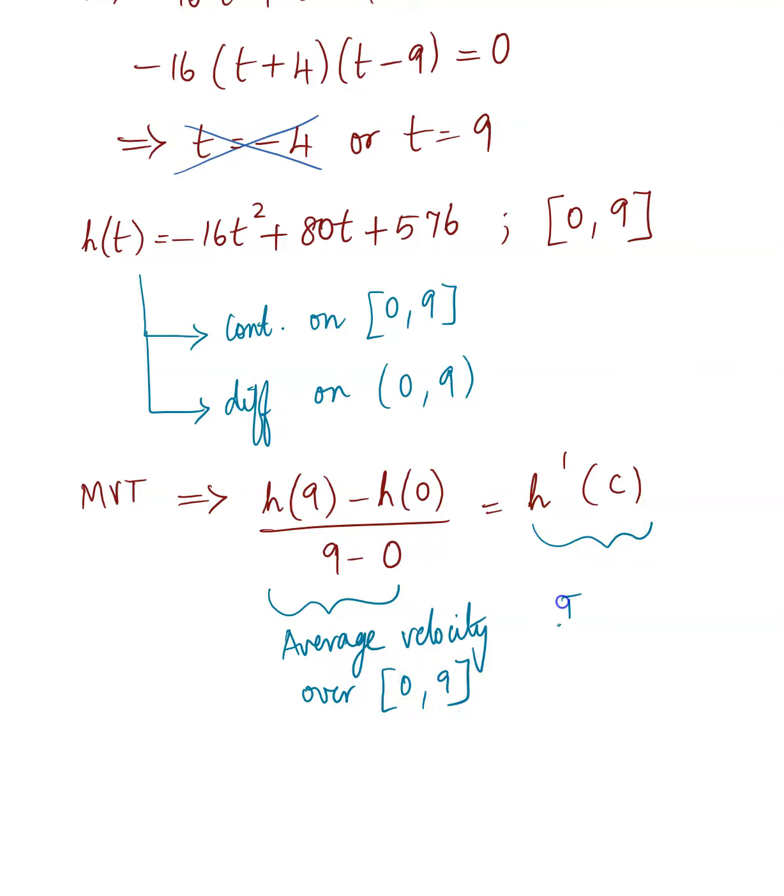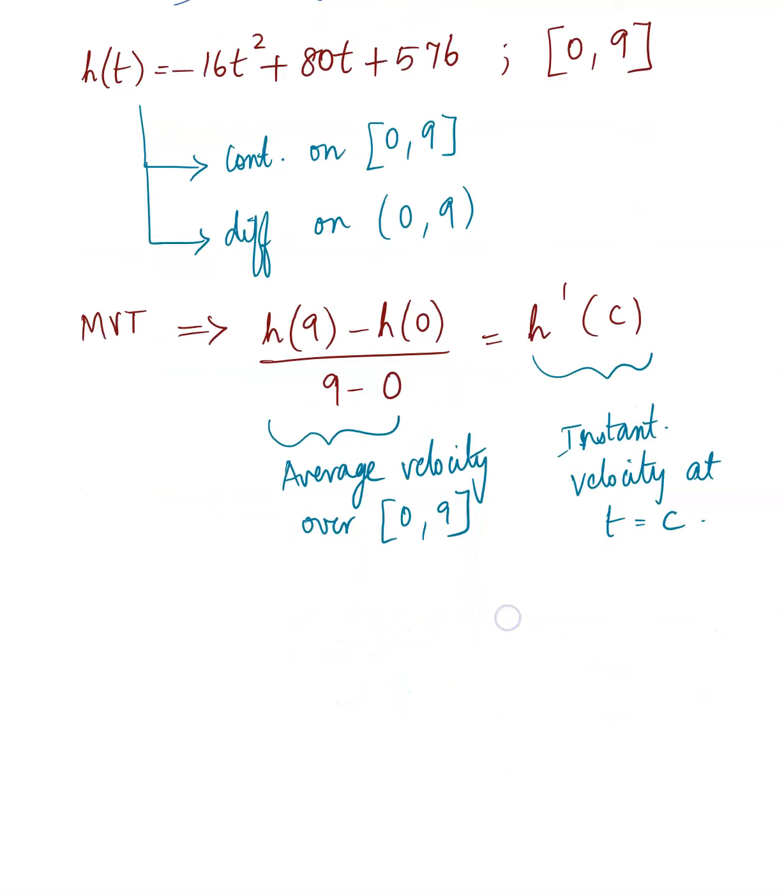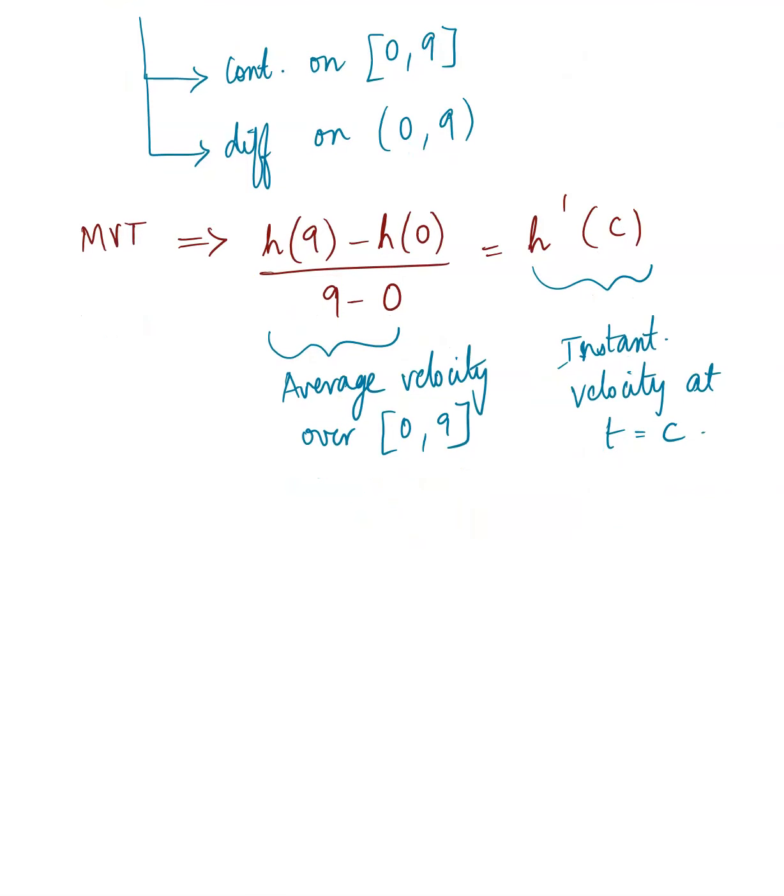And this is the instantaneous velocity at time c, when time is c seconds. h of t is negative 16t squared plus 80t plus 576. If we took its derivative, that will be negative 32t plus 80.